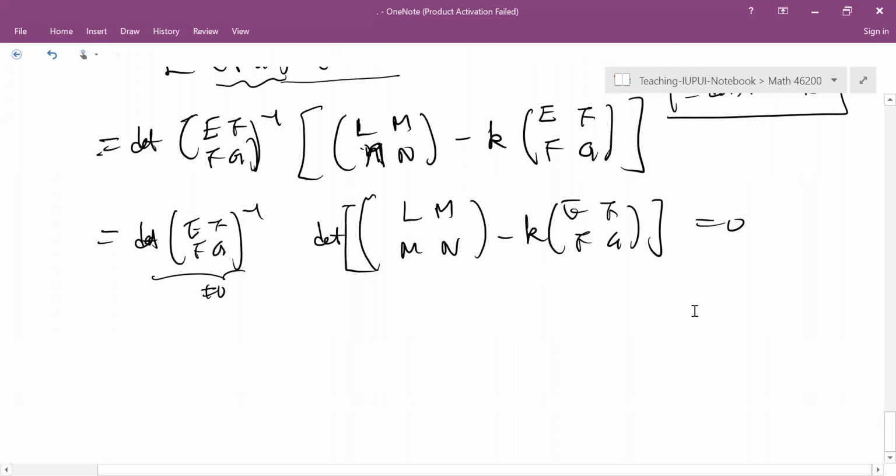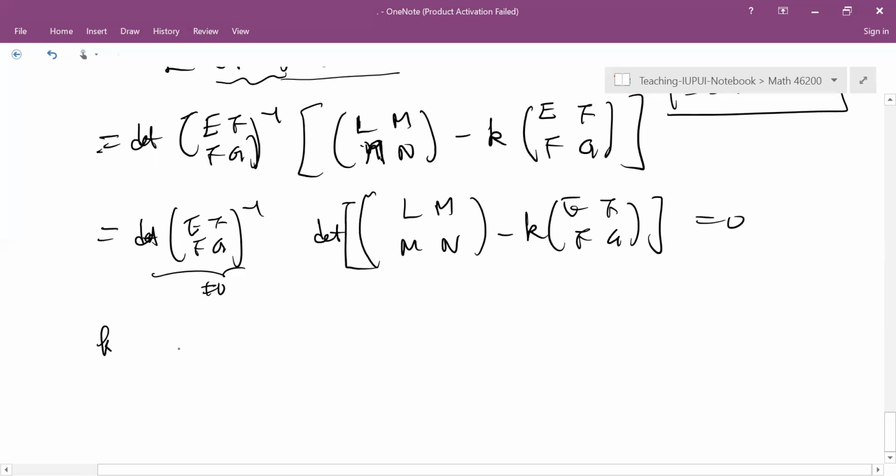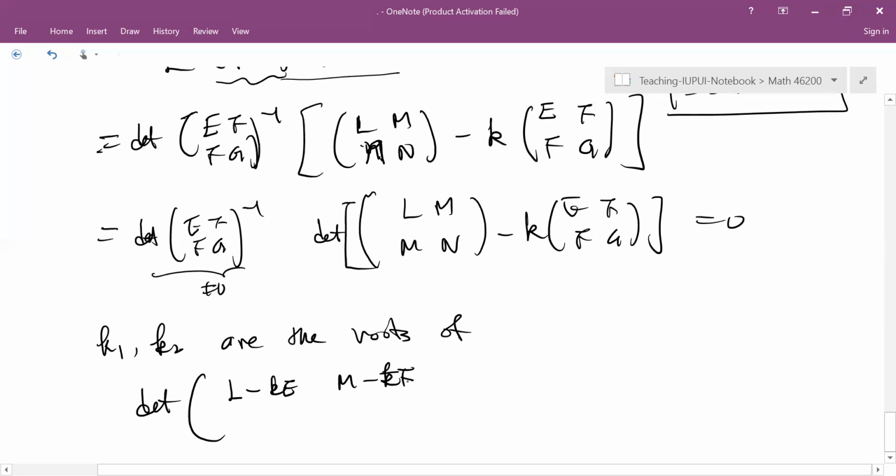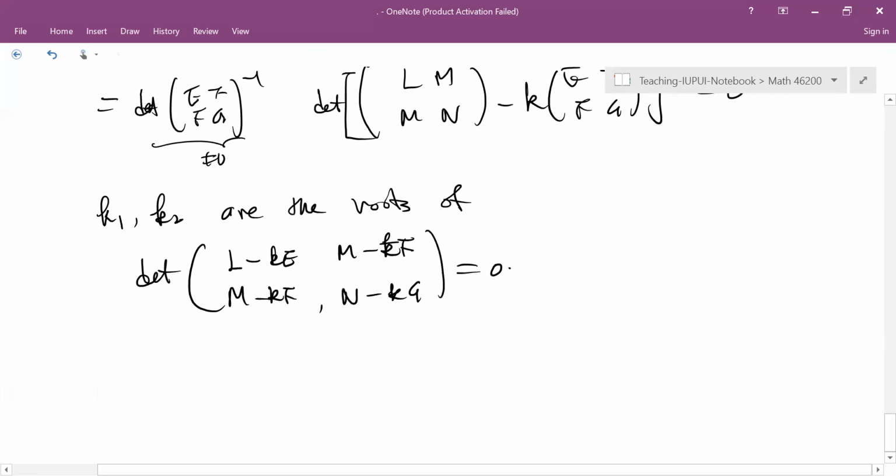So K1, K2 are the roots of the following matrix: L minus KE, M minus KF, M minus KF, and N minus KG. This can be 0. So you can use this formula after you compute E, F, G, L, M, N, the first fundamental form and second fundamental form, then just use the coefficients.